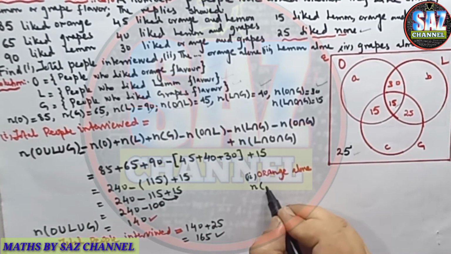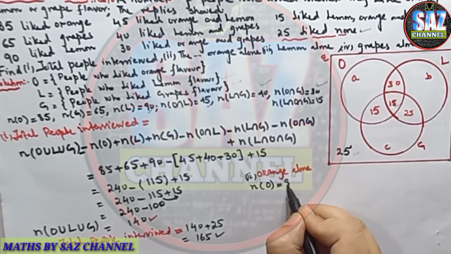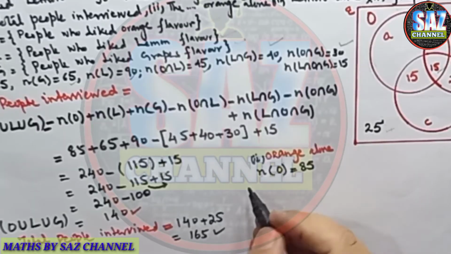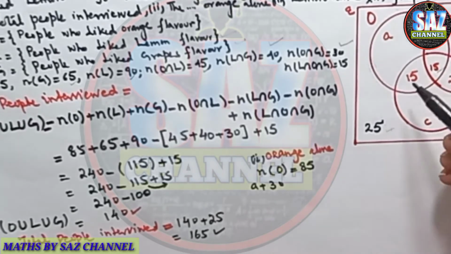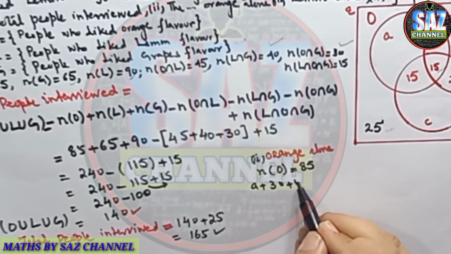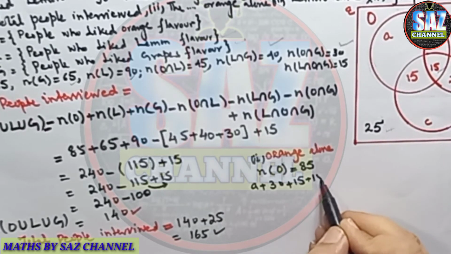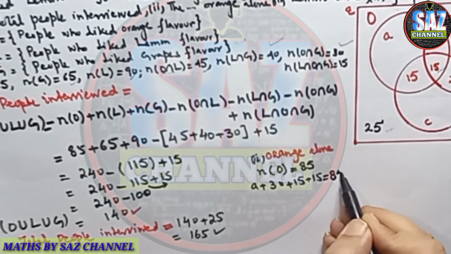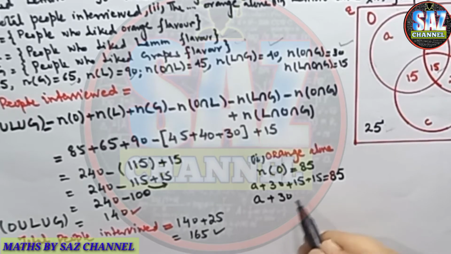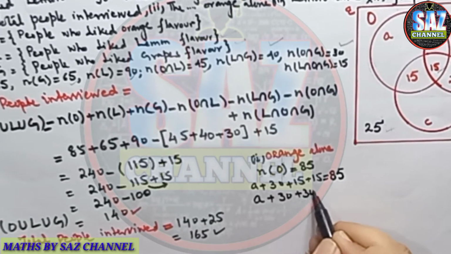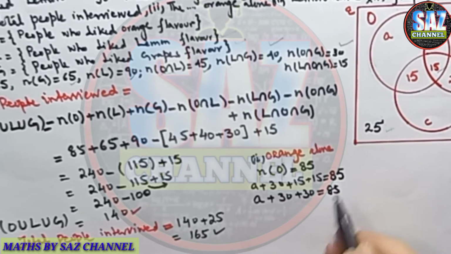So A plus 30 plus 15 plus 15 equals 85. This will become A plus 30 plus again 30 equals 85.